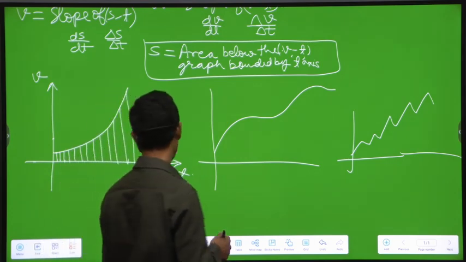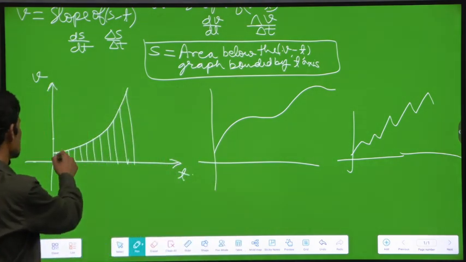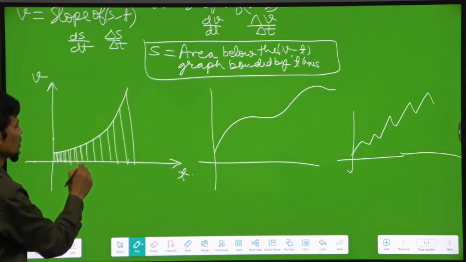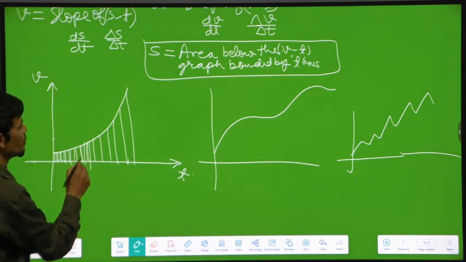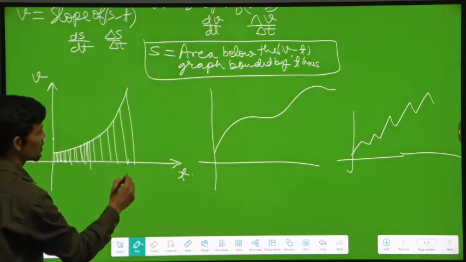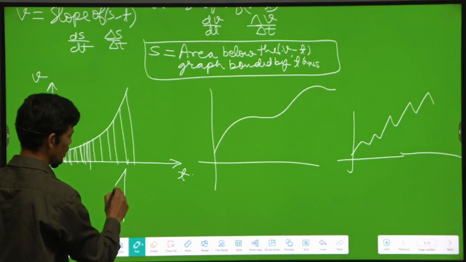That can be resolved if these strips are of negligible thickness. How negligible? Because each time in these portions we will have this kind of structure.